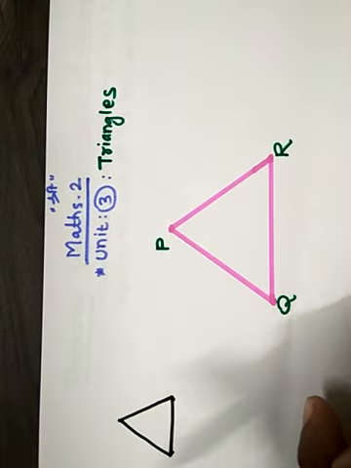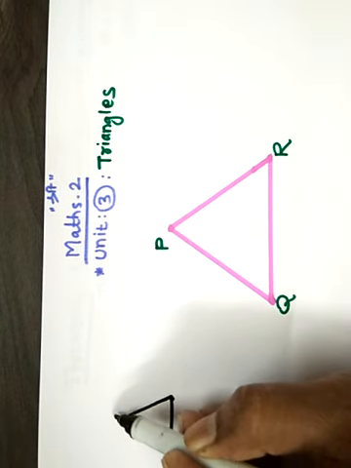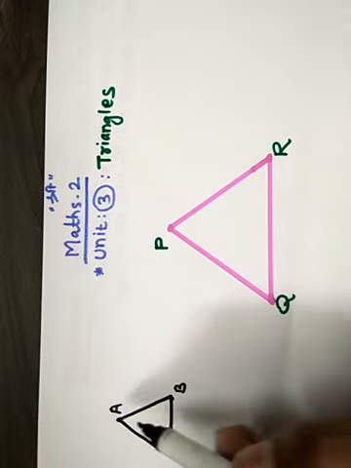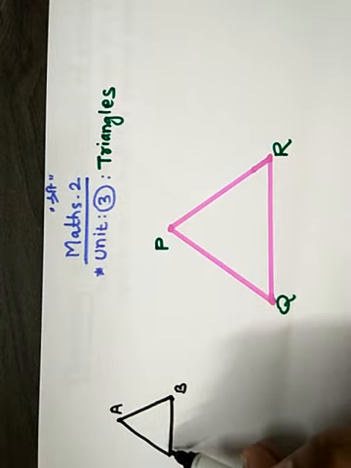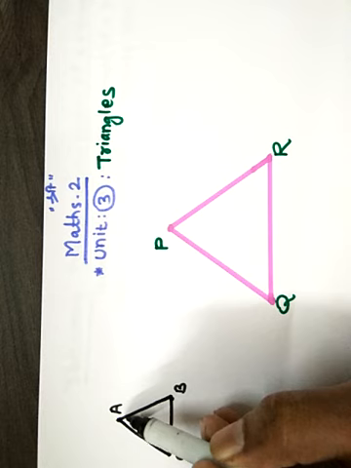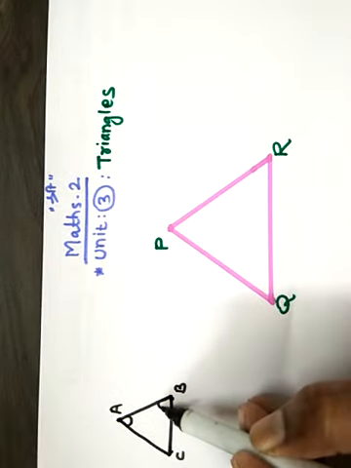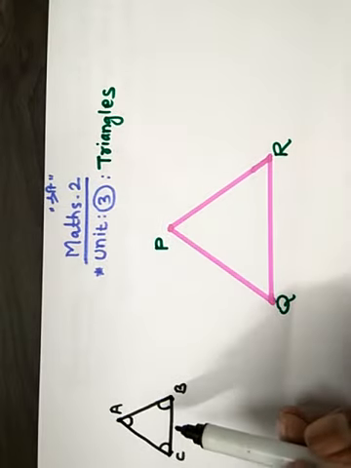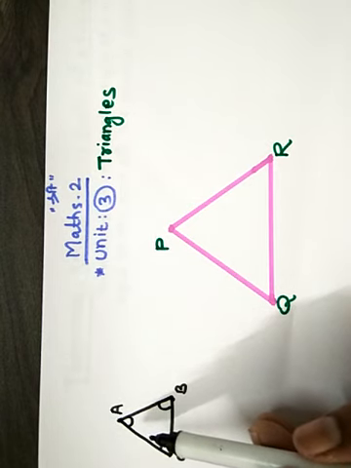There are 6 elements of a triangle. For example, see in this figure ABC. There are 3 sides, namely side AB, side BC and side AC, and there are 3 angles, angle A, angle B and angle C. Means in a triangle there are 3 sides and 3 angles.